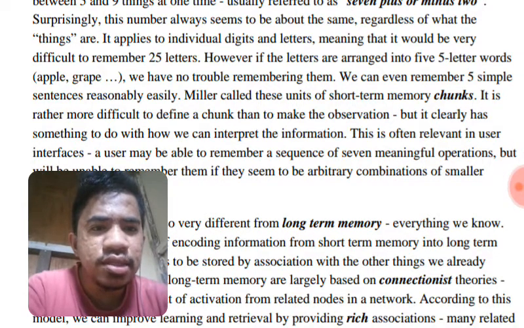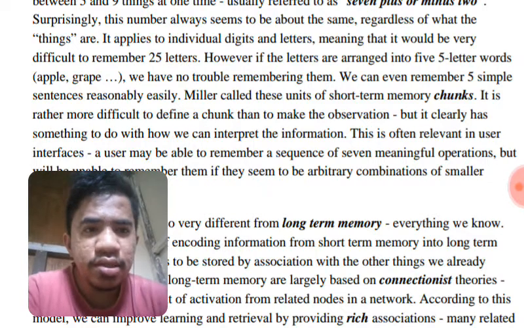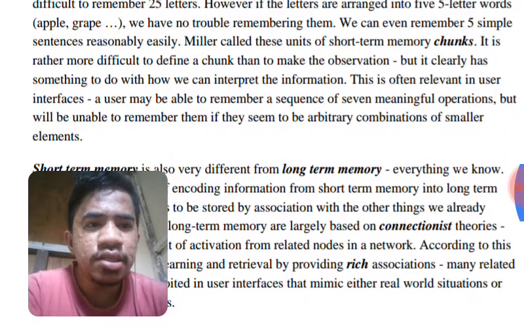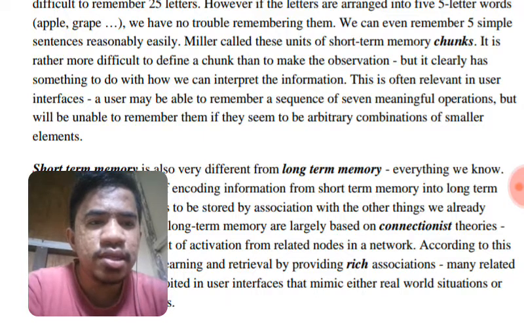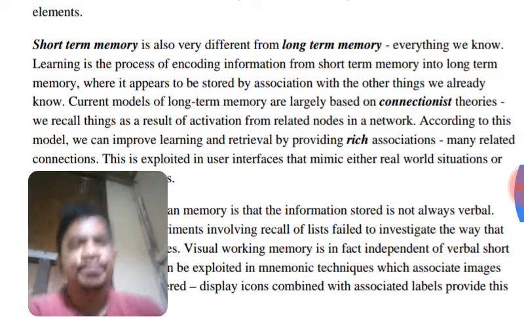Miller called this unit of short-term memory a chunk. It is rather more difficult to define a chunk than to make an observation, but it clearly has something to do with how we can interpret the information. This is often relevant in user interfaces. A user may be able to remember a sequence of 7 meaningful operations but will be unable to remember them if they seem to be an arbitrary combination of small elements.